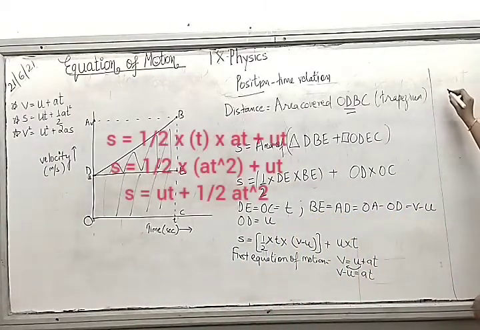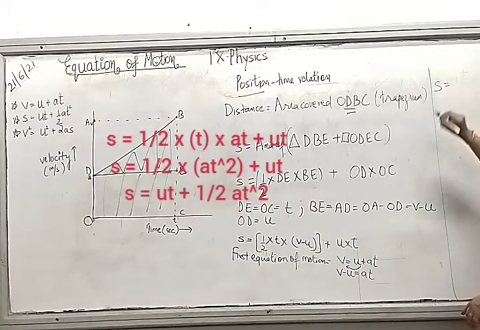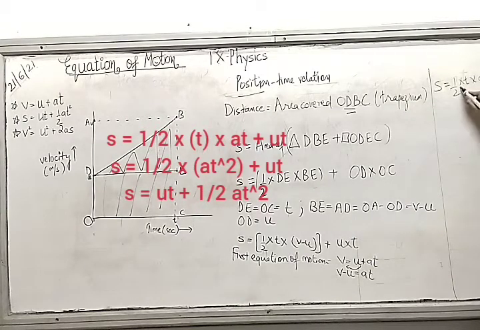So S is equal to half, which is already there, into T, and instead of V minus U I am writing AT, plus U multiplied by T. These are variables, so I will remove the multiplication sign. So AT into T becomes AT square by 2, plus UT.